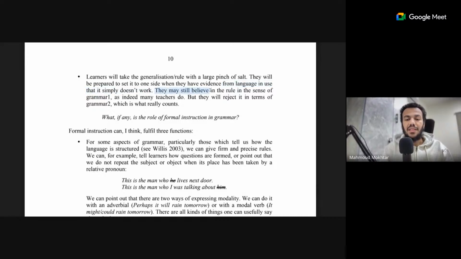They may still believe in the rule in the sense of grammar one, as indeed many teachers do, but they will have rejected it in terms of grammar too, which is what really counts.